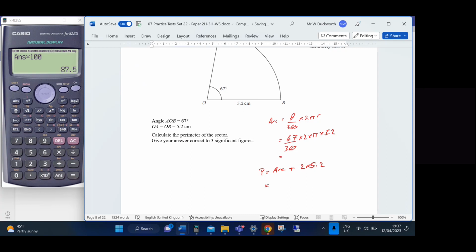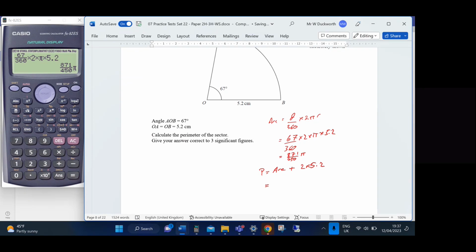So I'm going to type it in like that: 67 out of 360, and multiply that by 2 times pi times 5.2. So that would be my arc length. I'll leave it in terms of pi, 871 over 450 pi.